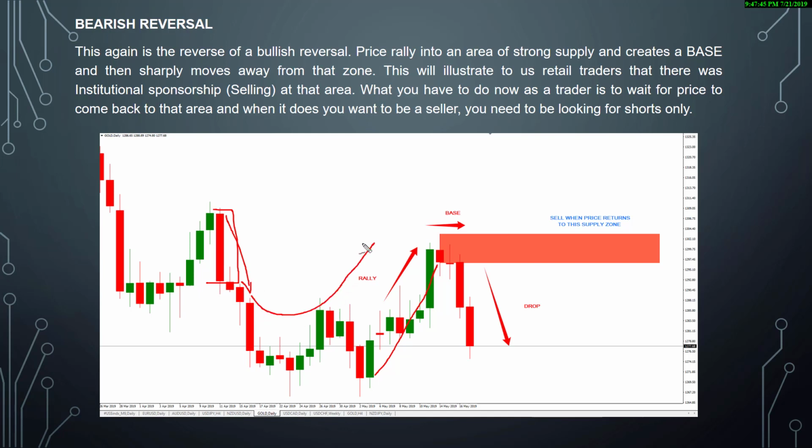Price retraces and continues with the downside momentum. So now what you have to wait for is for price to come back into this supply area. The moment the price is in this area, you look for bearish evidence to go to the downside. It's not that difficult, guys.